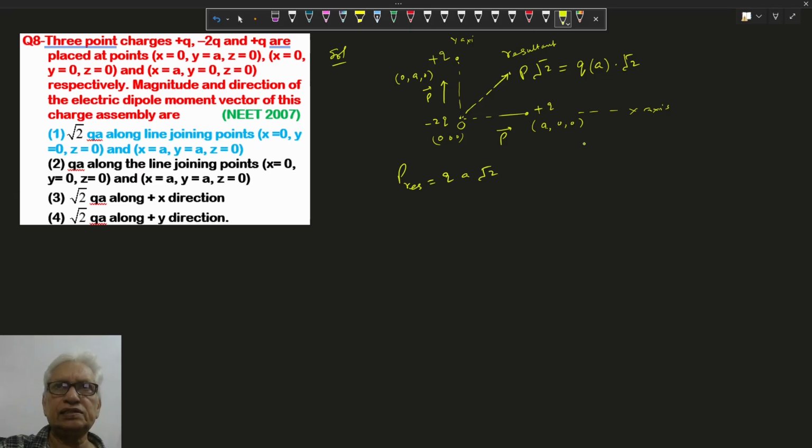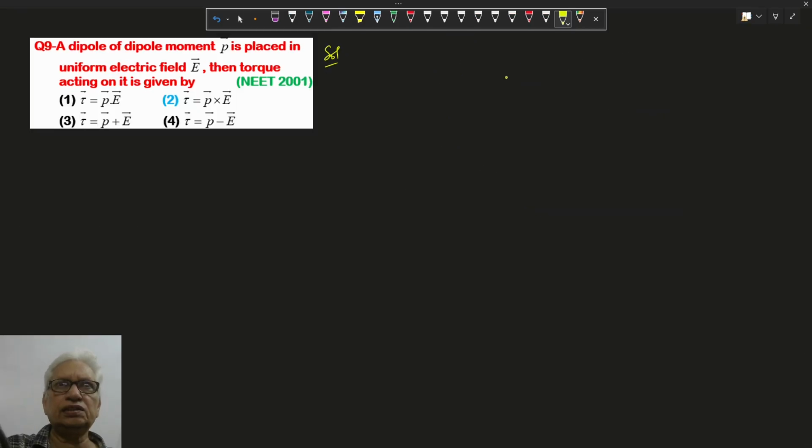So this point is A and 0. This is the dipole moment along the position of the point A 0 from the origin to this point A 0, and this is the magnitude. So option 1 is correct.